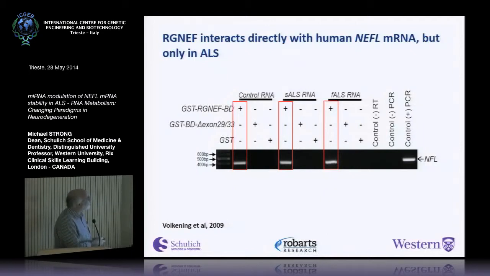And what we're doing here is we can bring down, and this is our control for it, the ALS NfL messenger RNA. But what's interesting is that every time we bring down NfL messenger RNA, it's only out of the ALS spinal cord. We never bring it down out of the control spinal cord.